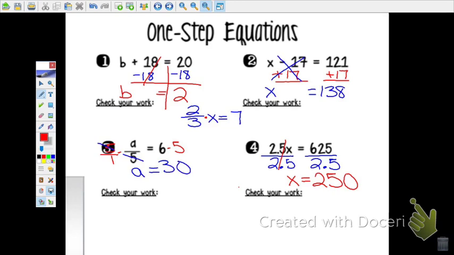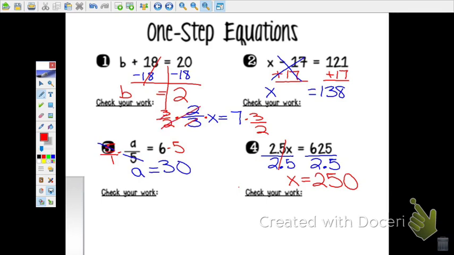Okay, so opposite of multiplying is dividing. But if I divide by a fraction, dividing by a fraction means I multiply by the reciprocal.